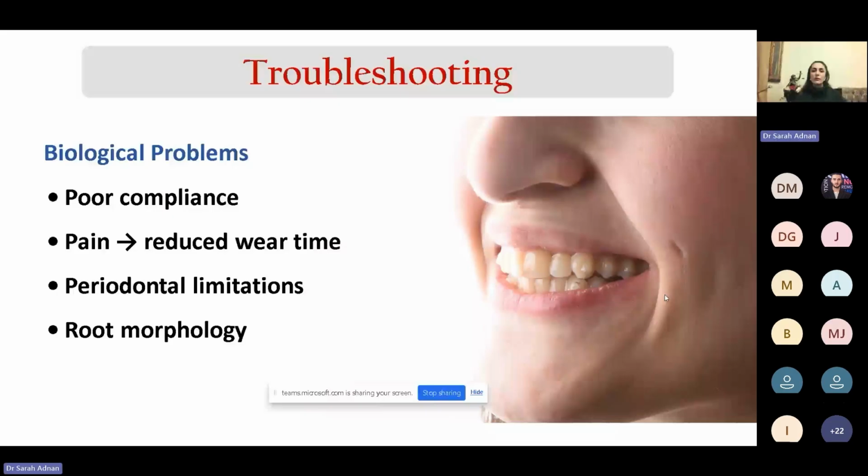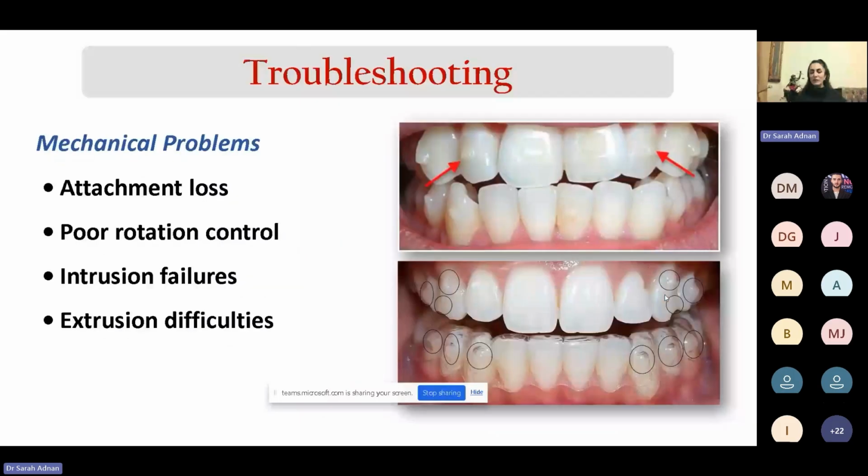Regarding the mechanical problem, as we said, it means there is an attachment issue or aligner issue. If there is an attachment issue, we should check the attachment every visit, check the shape of the attachment, the presence and integrity.